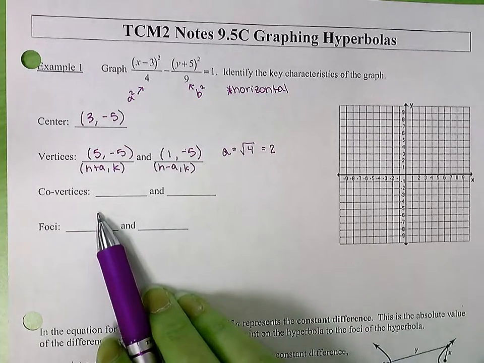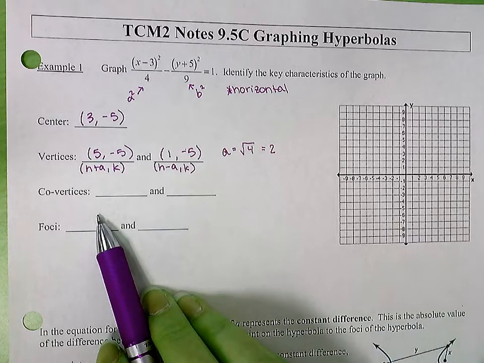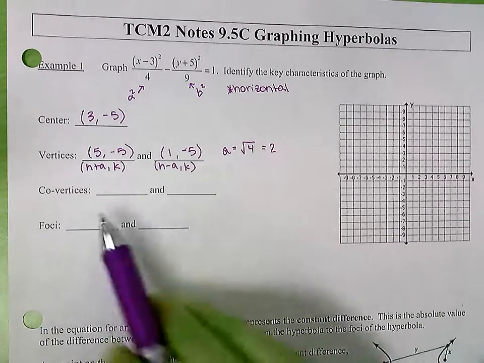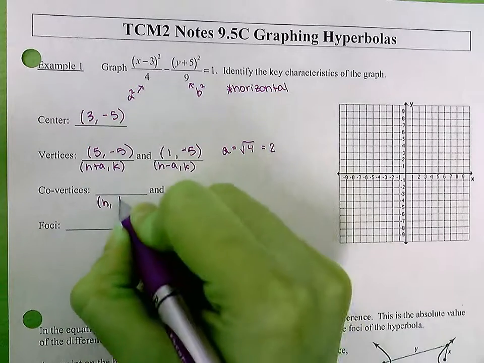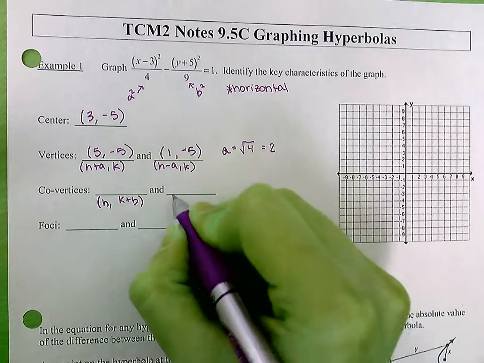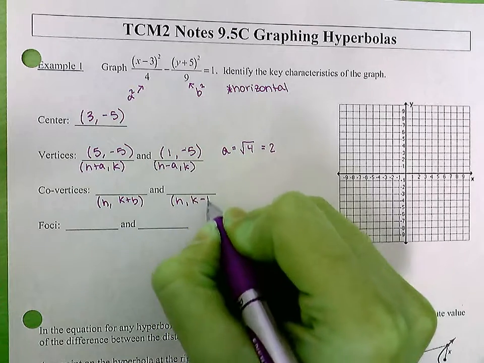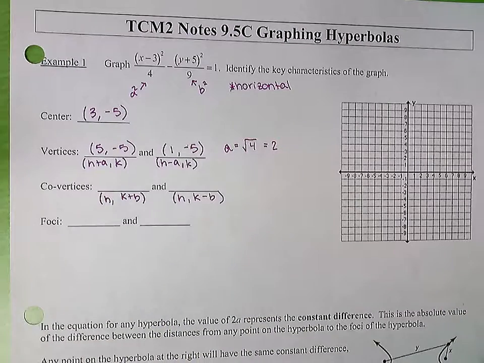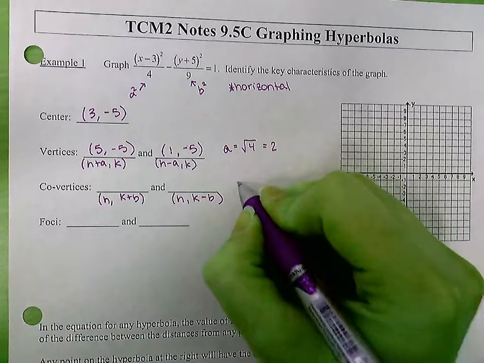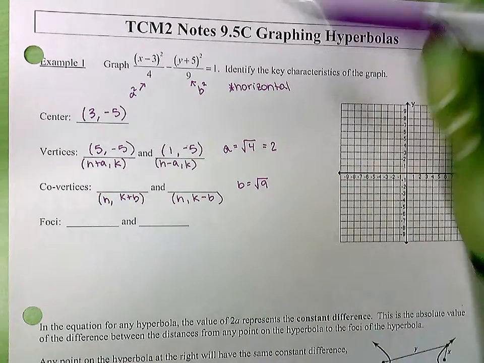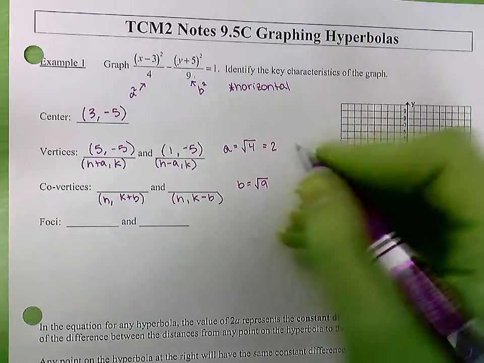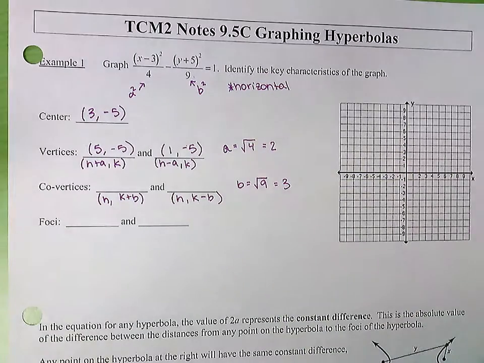Now we want our co-vertices. For a horizontal hyperbola, our co-vertices are at h, k plus b, and h, k minus b. So we need b. To find b, we're going to take the square root of our b squared term here, which is 9, to get 3.